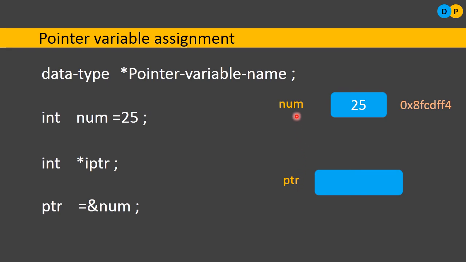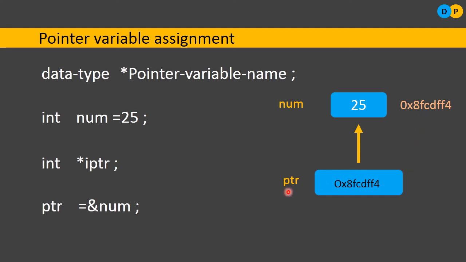How can that be done? By this statement. That's why I have written iptr is equal to ampersand num. For the pointer variable we are assigning the address of the normal variable. We are pointing the pointer variable to the variable num, by which it holds the address of the ordinary variable.